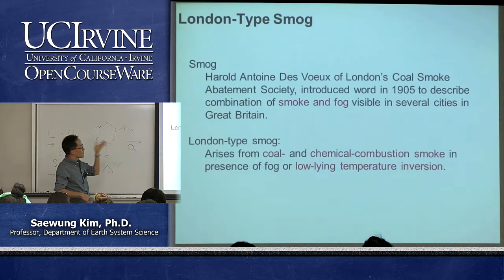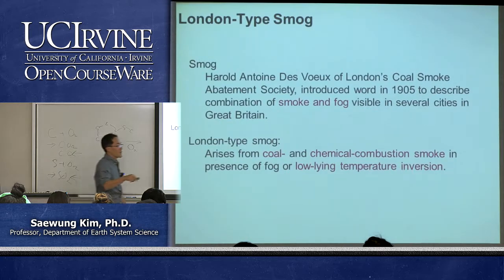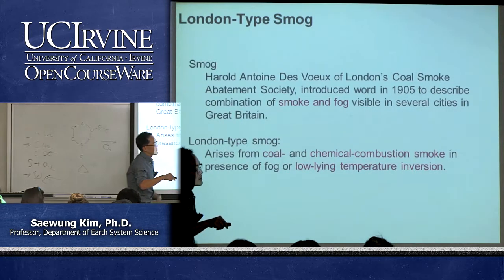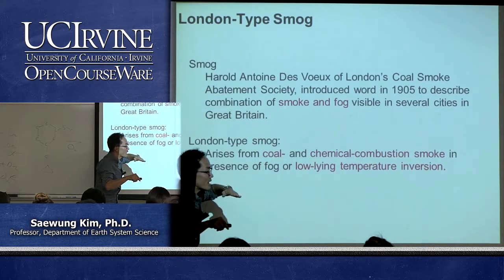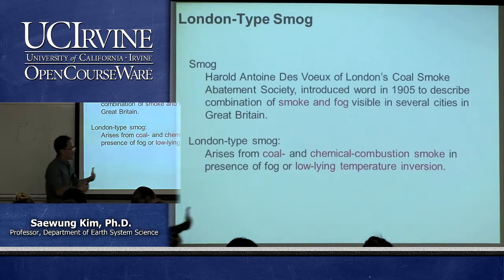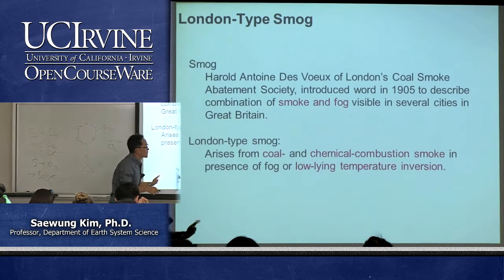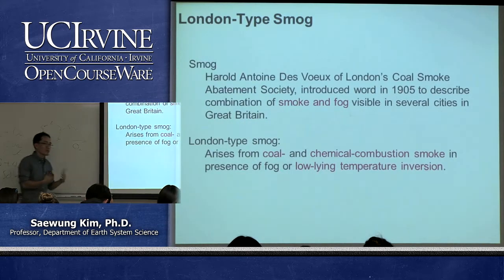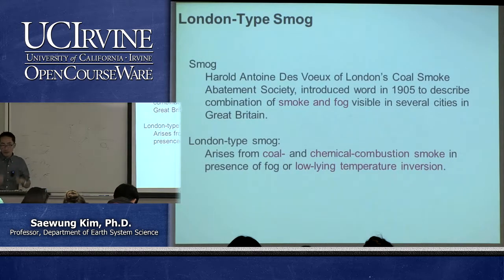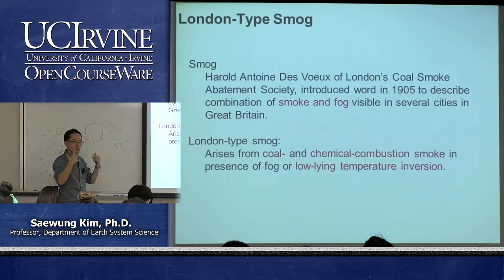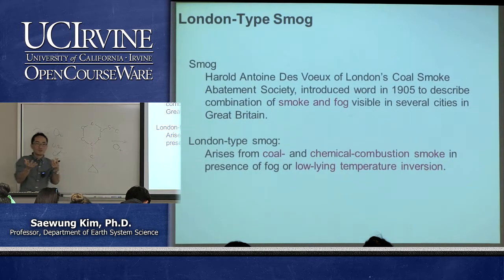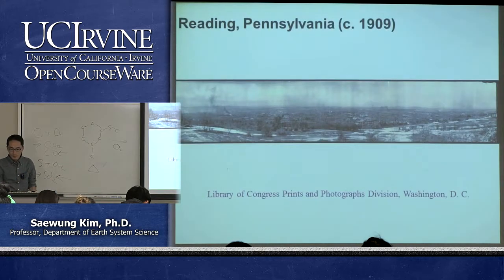The other factor of London-type smog is temperature inversion, which makes the mixing depth of the atmosphere much lower. London-type smog usually happens during the winter, right? So there are two important factors: coal burning and temperature inversion in the winter time.